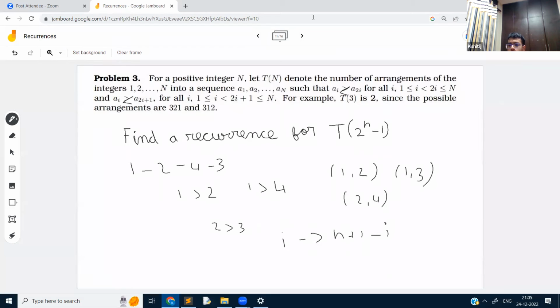So I'll give you a few minutes to try, maybe 2-3 minutes. You just have to find a recurrence. You don't have to find the closed form, but that is easy actually. Not for Tn, but t 2 to the power n minus 1.